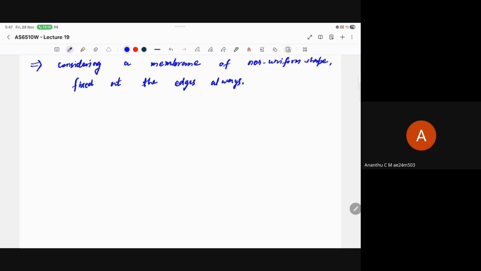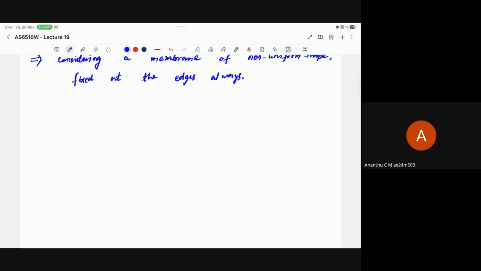This is a kind of membrane, and this is basically fixed. Let me draw a better one. So it's not circular. Okay, so we are considering a membrane of some non-circular shape.